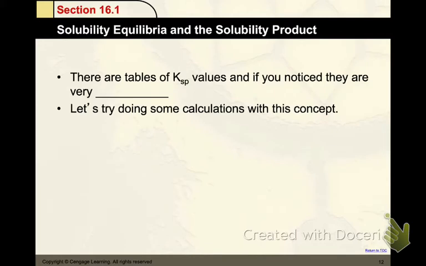Okay, now if you were to go back and look at the table of Ksp values that we looked at, you might remember once again that the values themselves are very small. They're all less than 1, and some of them are on the order of 10 to the minus 20, 10 to the minus 30, 10 to the minus 40.